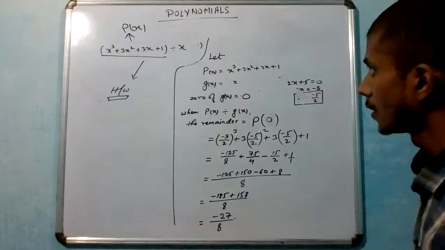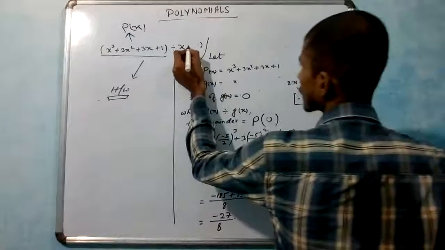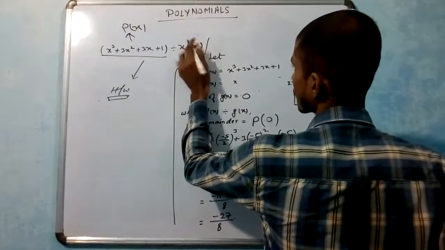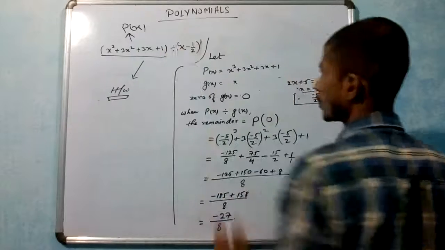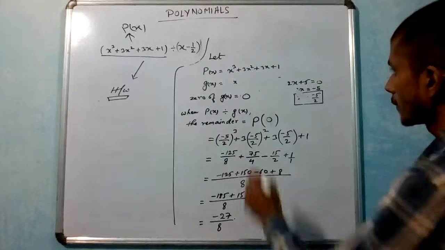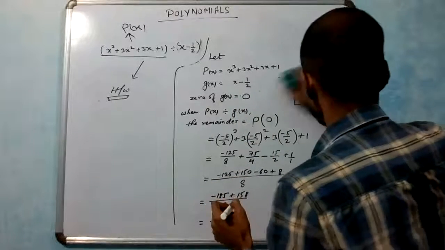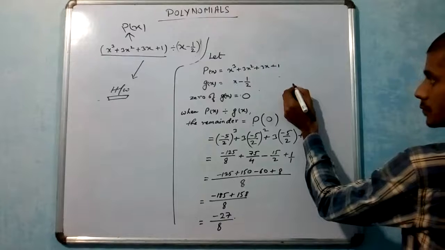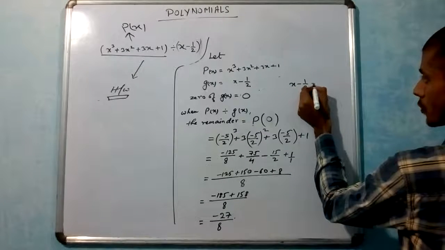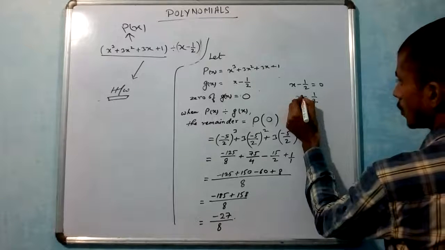Now see the second one, what is written? X minus 1 by 2. With this we have to divide. So gx is x minus 1 by 2. So what will be the 0 for this? X minus 1 by 2 is equal to 0, so x is equal to 1 by 2.